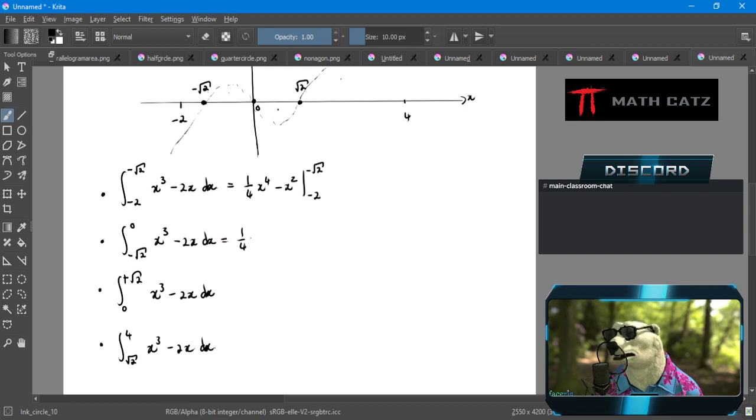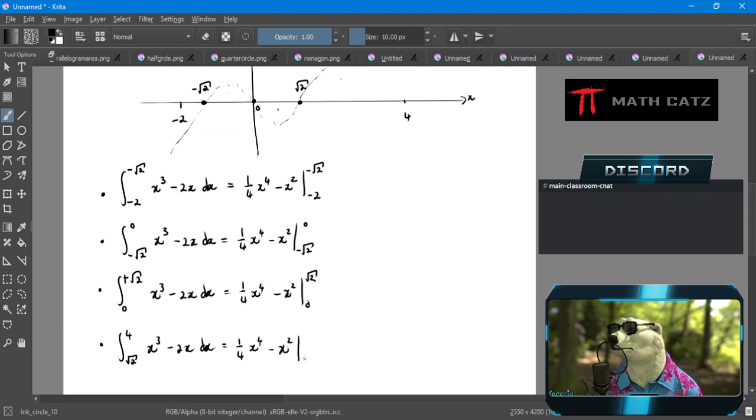Antiderivative, always the same. Just the numbers that I plug in will be different, which will of course give me a different answer. Yes, it is tedious. Yes, it is annoying. It is the only way.